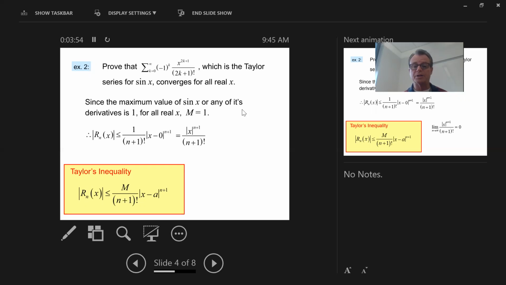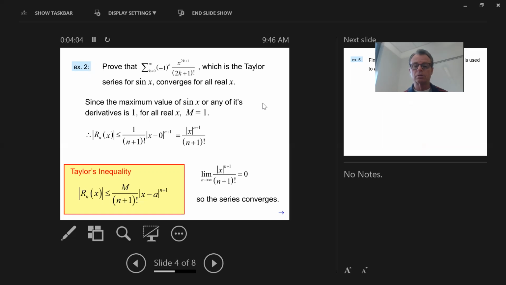Well, it's really 1 times that in the numerator. You want the limit of that, as n gets really, really large. So what's happening? Well, the denominator is going through the ceiling. So you're going to have small over large, so it converges.